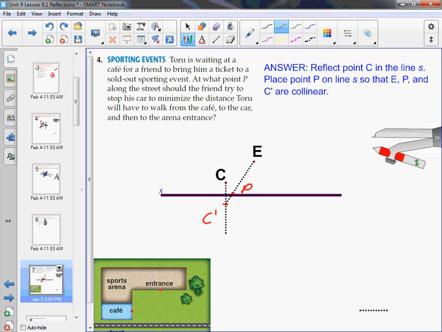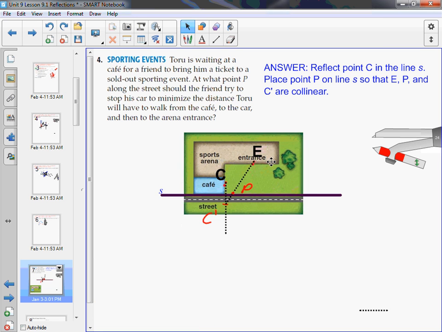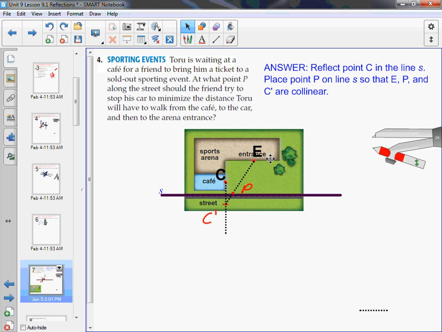Well, assuming you're not going to run into the lawn of the sports arena, the only way you can park along that line connecting E and C prime is right there on the street. So that's why P goes where it goes. And now you see where to park. Cool, huh?